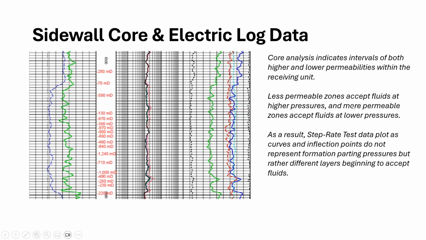The lower permeability zones, as we know, will accept fluids at higher pressures, and the more permeable zones will accept fluids at lower pressures. So as a result, step rate test data collected from this well may have a curve or an inflection point, and these points may not represent the actual parting pressure, but rather differing layers of the formation beginning to accept fluids, and the injectivity increasing as that occurs.